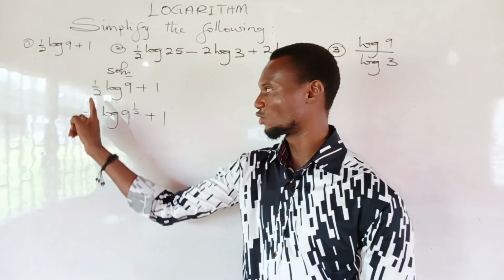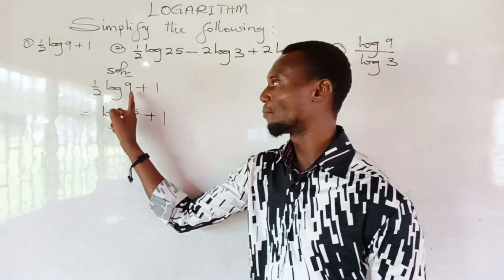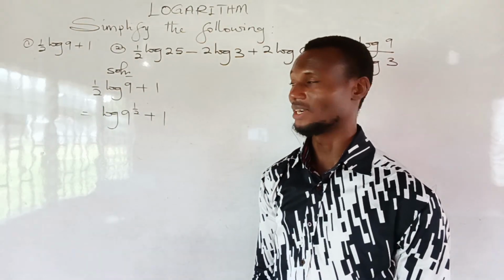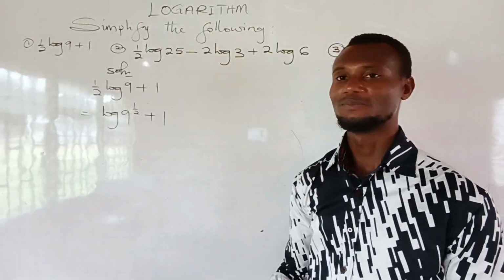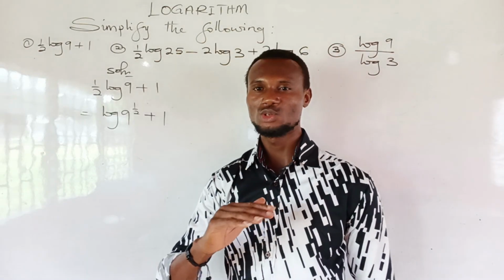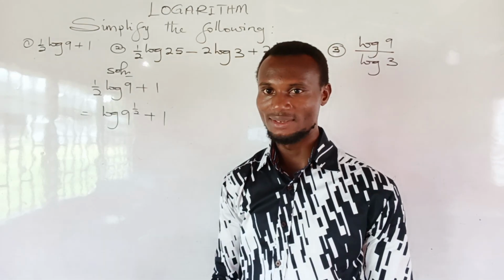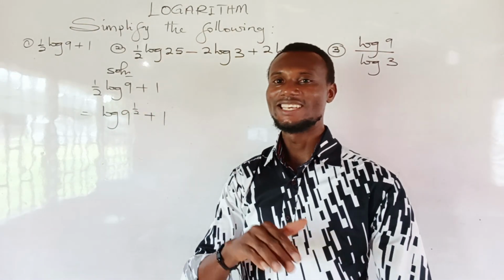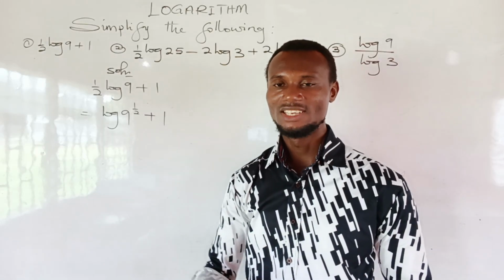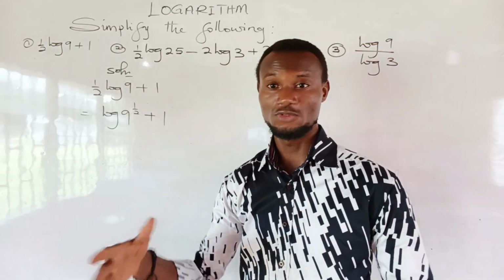All that we did is to move the coefficient here to become a power to the 9 here. Then we put our plus 1. I hope you understand. Now, any number to the power half means the square root of that number. So having 9 to the power half simply means the square root of 9. If you have 25 to the power half, it simply means the square root of 25.